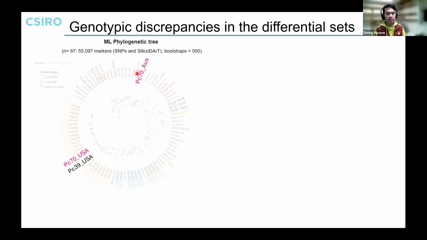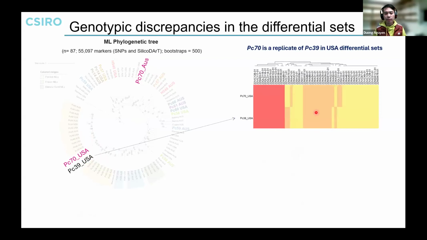Zooming in on one of the pairs, we have Pc70 differing between the US set and the Australian set. Interestingly, we see that Pc70 sits next to Pc39 from the US set. Looking at the virulence profiles of these two lines, we see that they share a very similar resistance profile to the isolates. This indicates that Pc70 may be a replicate of Pc39 in the USA differential set.